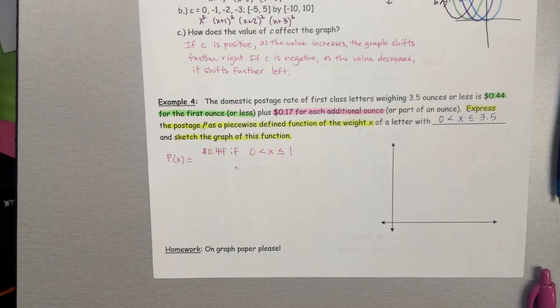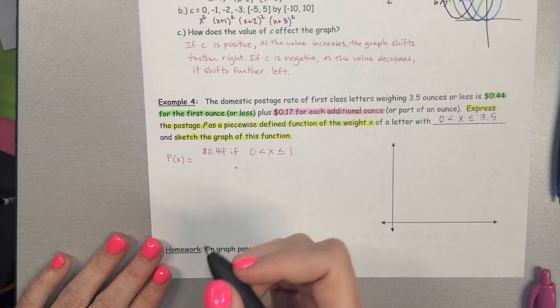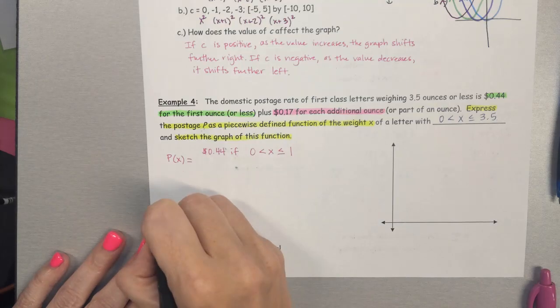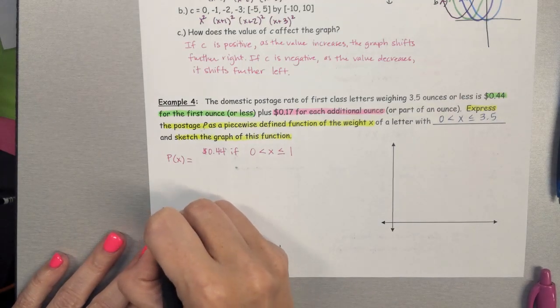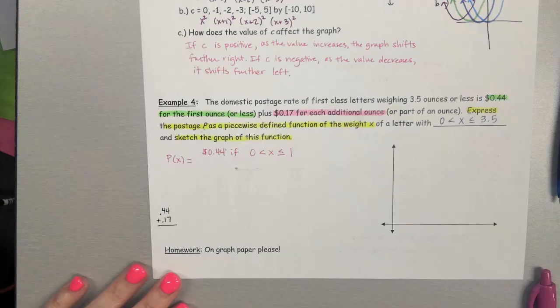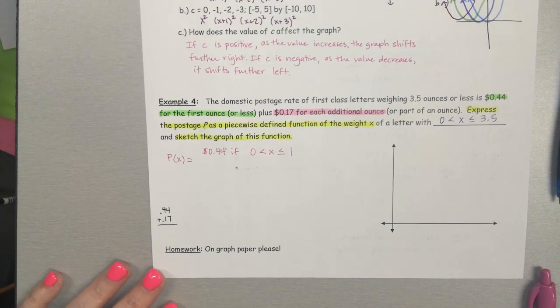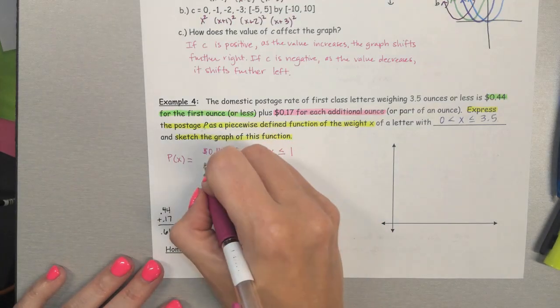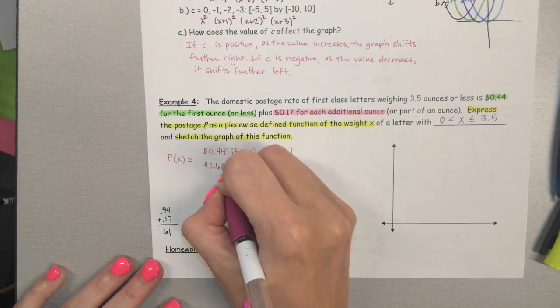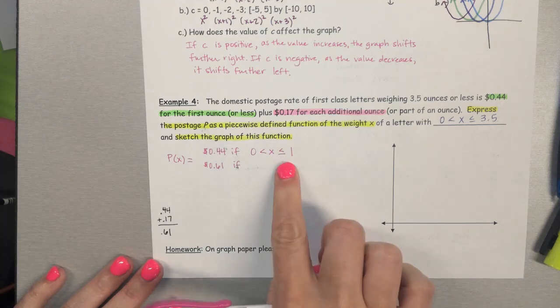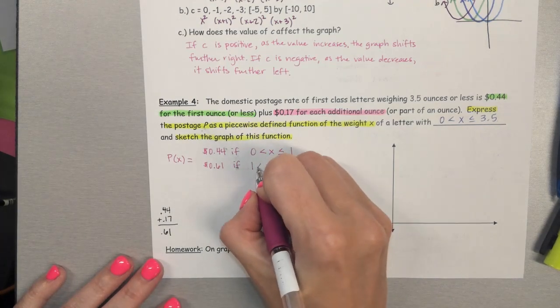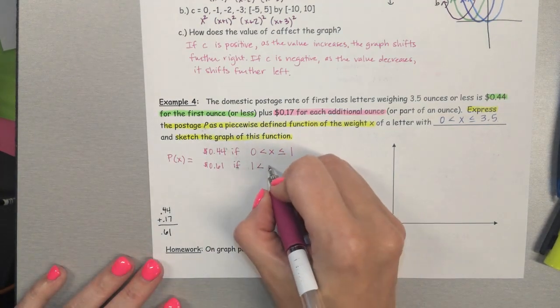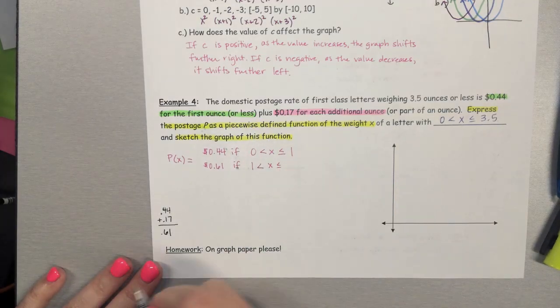So yes, we're going to take that first value and add it to the 0.17. So the 17 cents for each additional ounce. For the next step, we're just going to add those together. Use your calculator for this section. So it's going to be 61 cents if it's between 1 and up to the next ounce of 2.